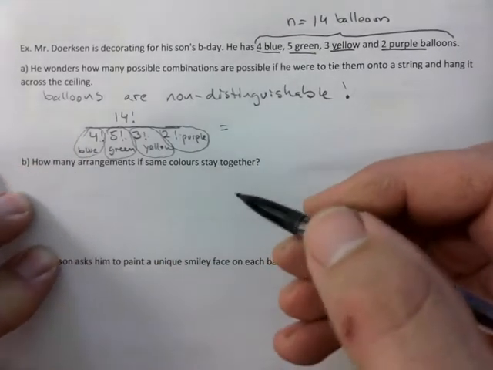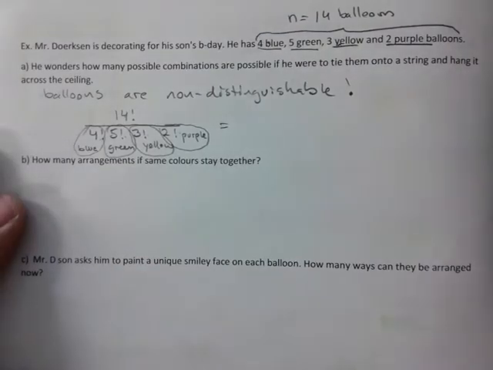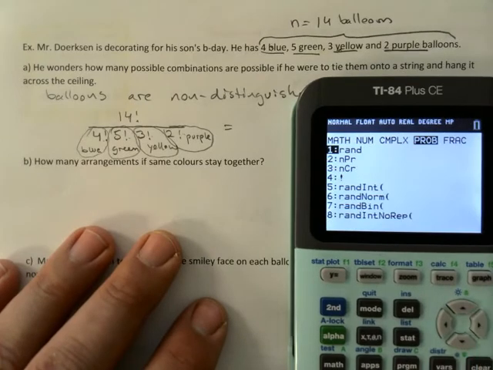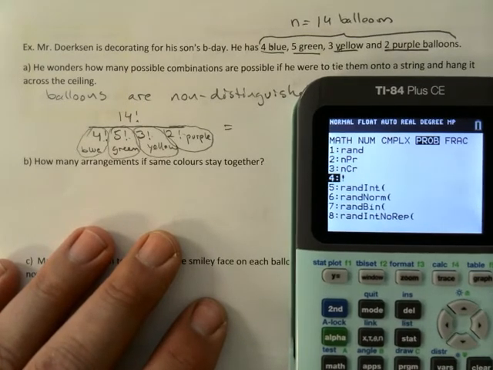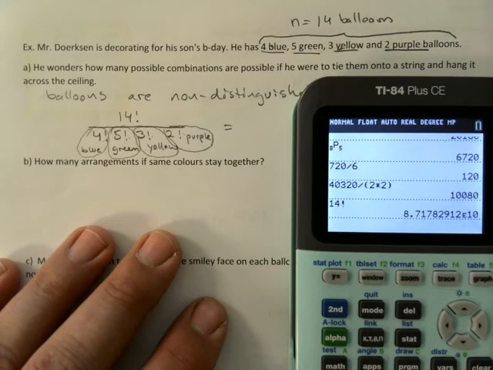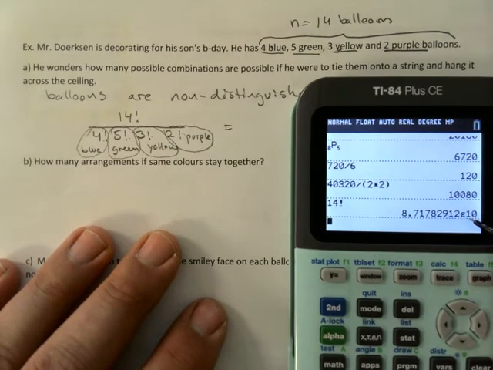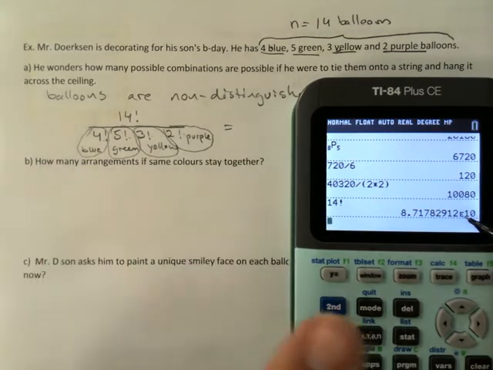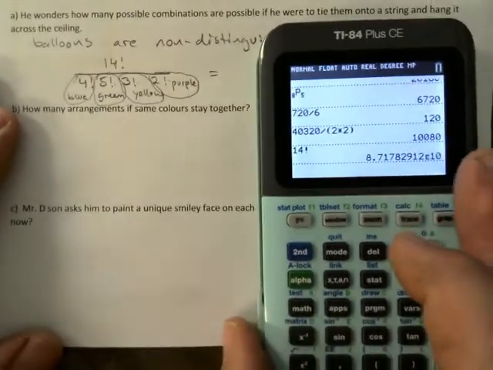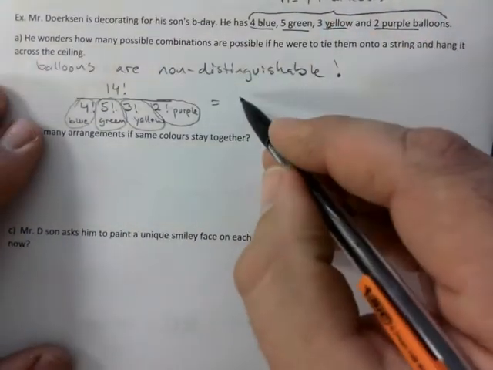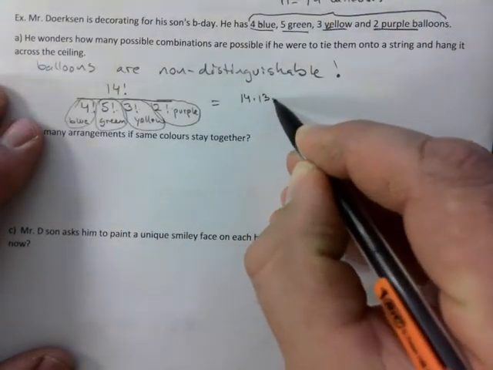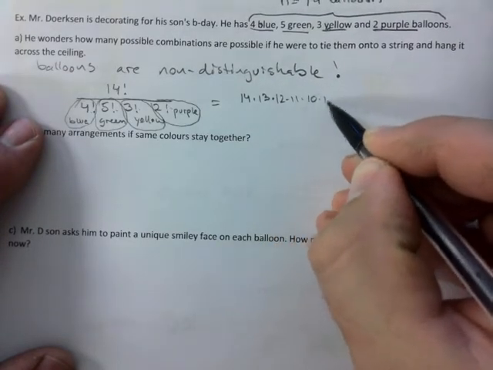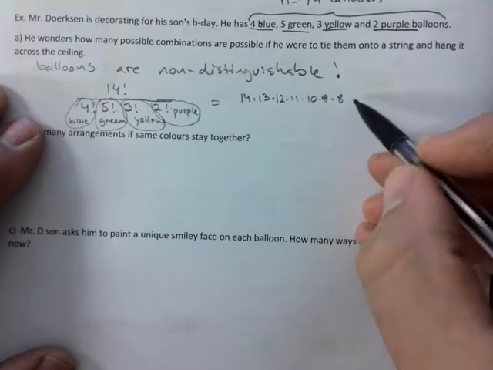So here we go. I'm going to need my calculator for this one. And perhaps you won't be able to do it, in which case you need to know how to simplify, okay? So see how it's the E thing? I haven't done this one with a calculator in a while. So what I'm going to do is I'm just going to cancel out a bit. 14, 13, 12, 11, 10, 9, 8, 7, 6, 5.